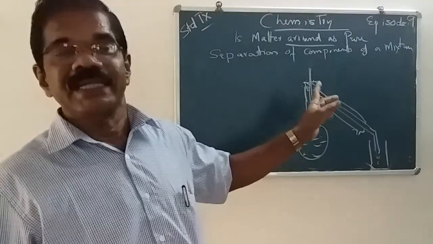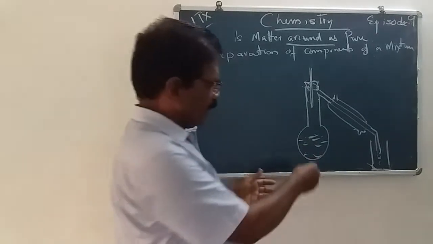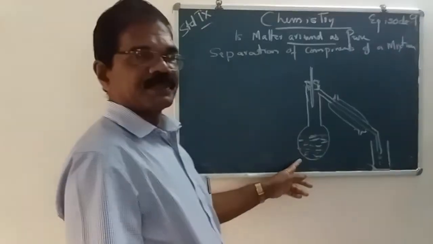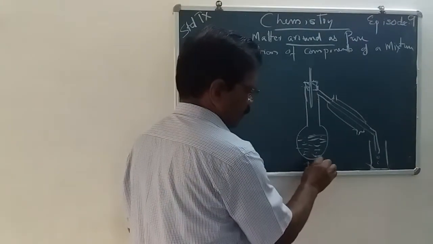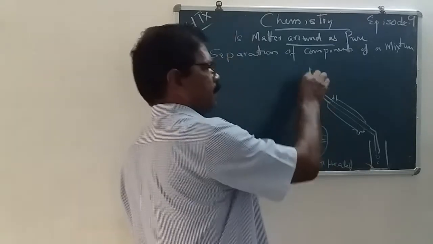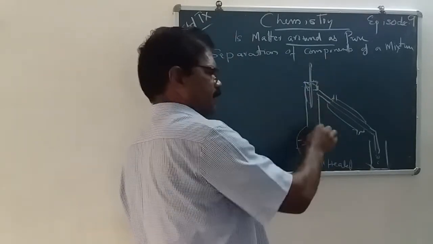This is the distillation process. The two miscible liquids are taken in the round bottom flask and heated to boil. The thermometer is also connected here.